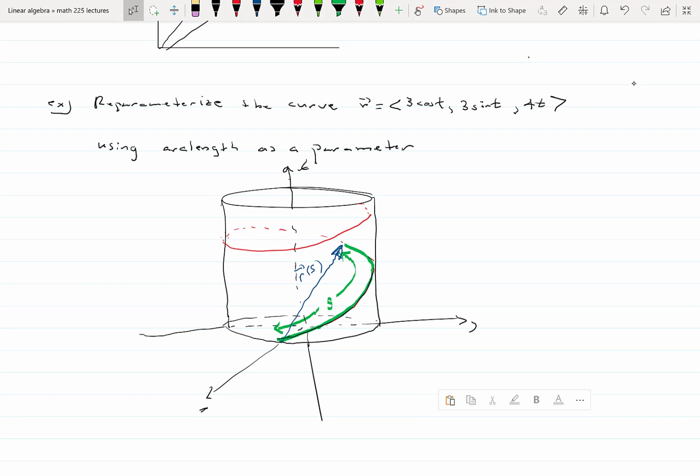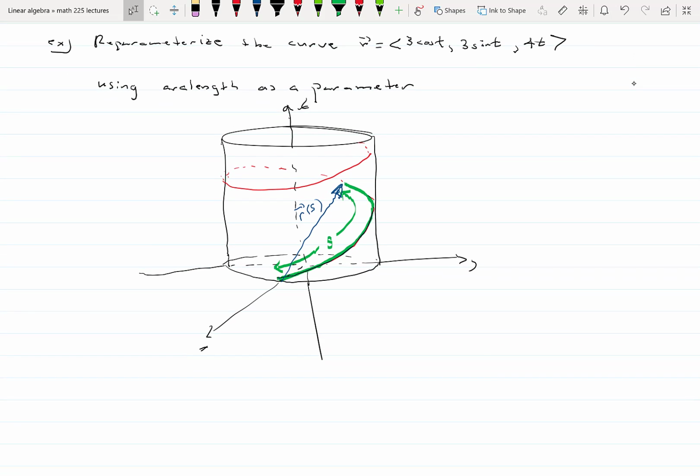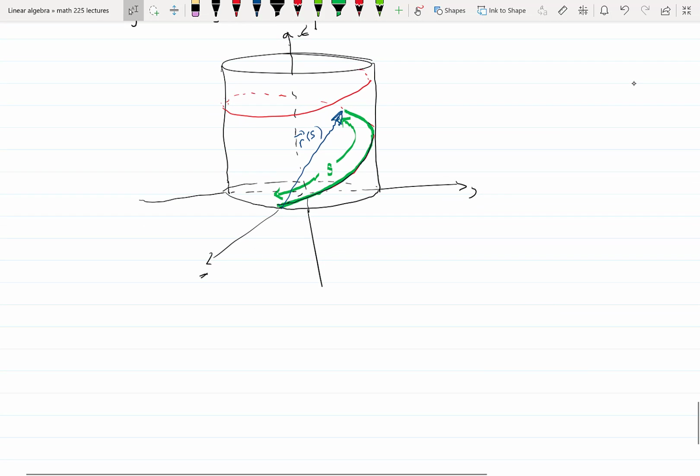Okay, so the first thing we're going to do is to find s as a function of time, the arc length as a function of time. This is referred to in your text as an arc length function. If you missed what I just said, the length of an arc is the integral from a to b of the length of r prime dt.